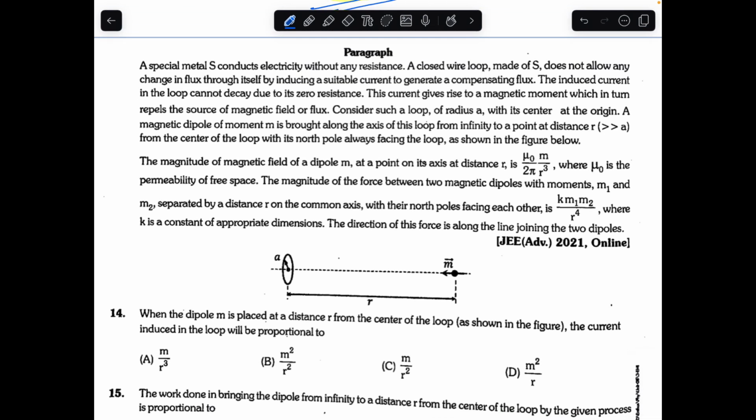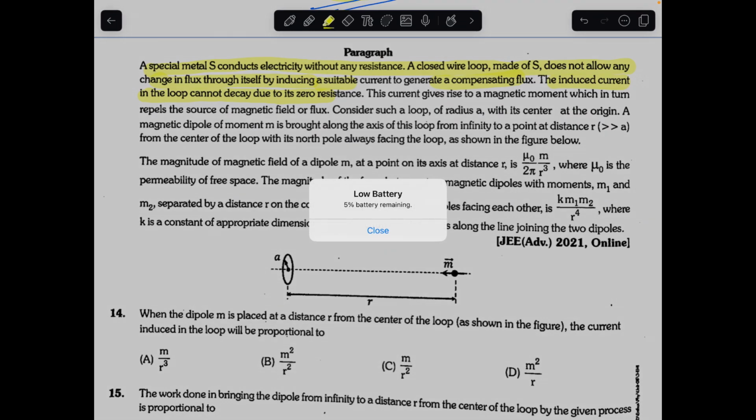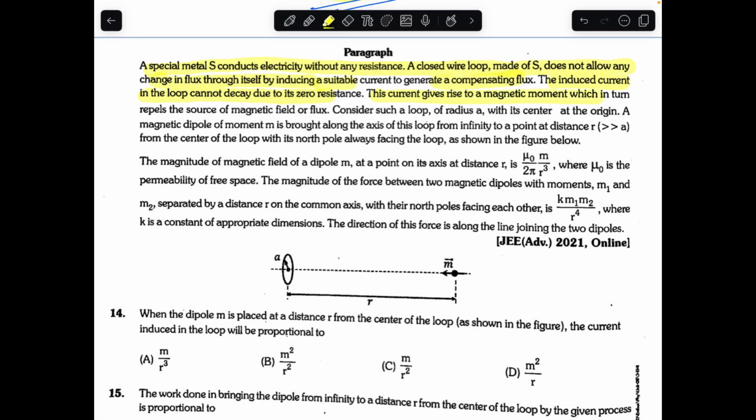So last two questions. Special metal S conducts electricity without any resistance. A closed loop made up of S does not allow any change in flux through itself by inducing a suitable current to generate a compensating flux. The induced current in the loop cannot decay due to its zero resistance. The current gives rise to a magnetic moment which in turn repels the source of magnetic field or flux.